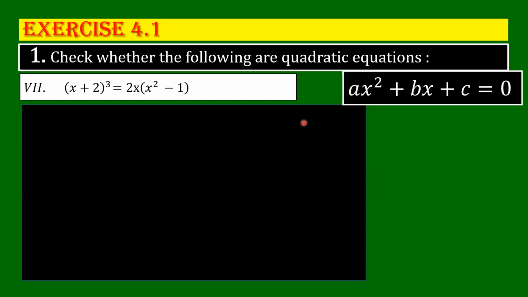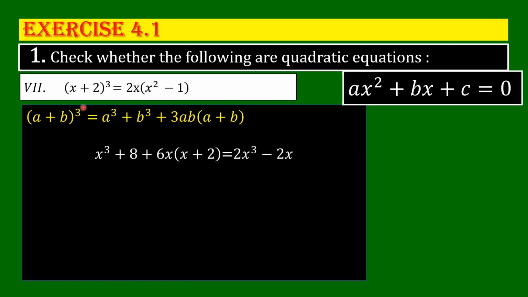Let's take one more example, that is x plus 2 whole cube is equal to 2x into x square minus 1. So let's now see, here we will apply a plus b whole cube, a cube plus b cube plus 3ab into a plus b, right? We'll apply this to the left hand side and we'll open the bracket here, 2x into x square is 2x cube, minus 2x into 1, that is 2x.